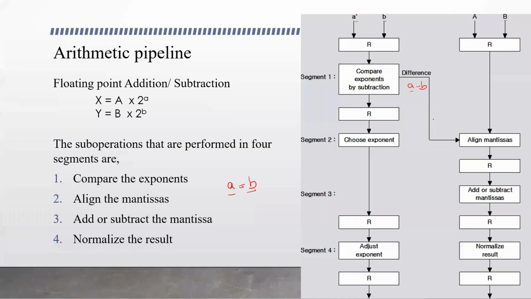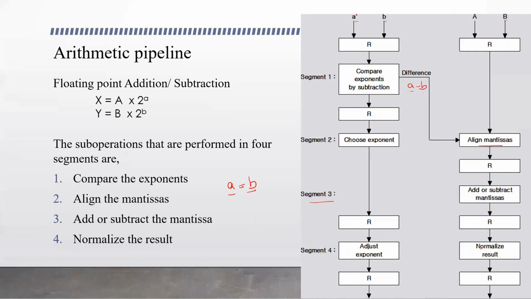If the result is negative, it means the second exponent is bigger. So we choose the exponent and accordingly align the mantissas. And once that is done, in segment 3, perform addition or subtraction depending on the requirement. And segment 4 normalizes the result.